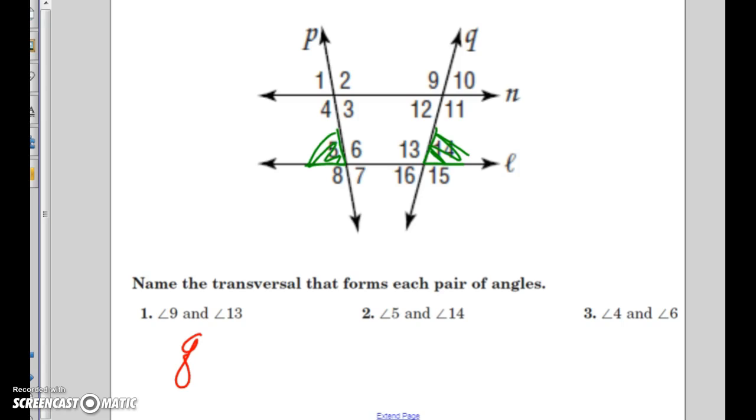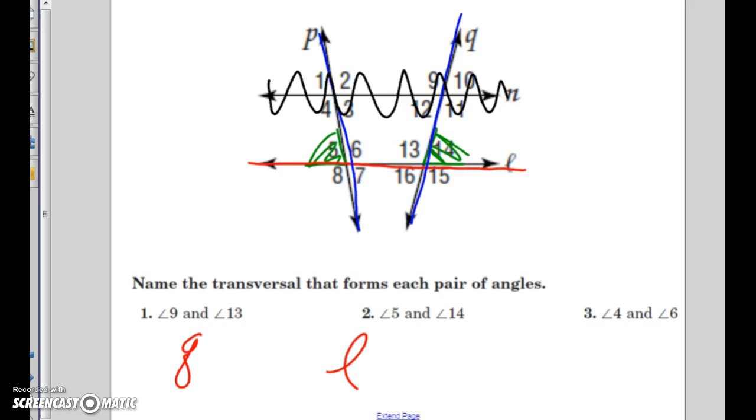Now tell me what one line touches both 5 and 14. L. So this is my transversal line right here. That's all they're asking for in the question right now. Which lines do you think would be my blue lines? P and Q, those are the two lines that go through your transversal, right? And that means that all this stuff up here goes away.